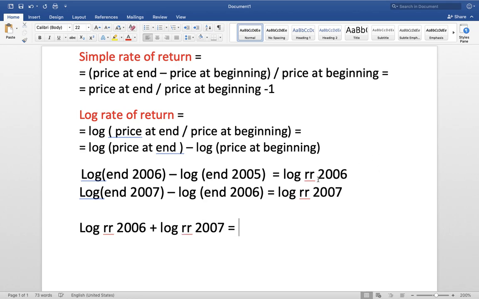And look what you get. If you sum up the two things, the log end 2006 and minus log end 2006 cancel out. And so what remains is log end 2007 minus log end 2005. And this is exactly the logarithmic rate of return of the period 2006-2007. So logarithmic rates of return are additive.